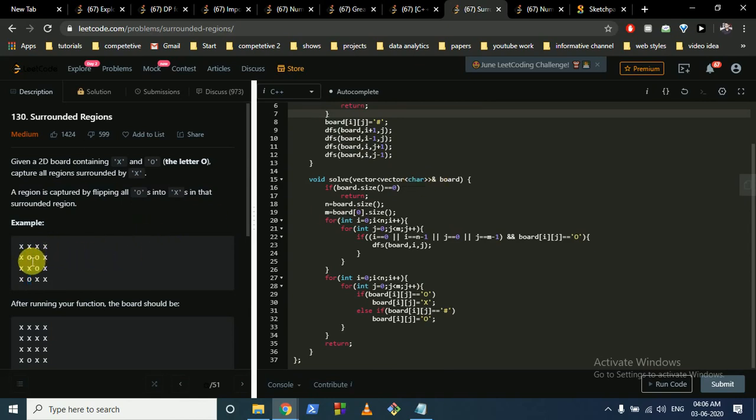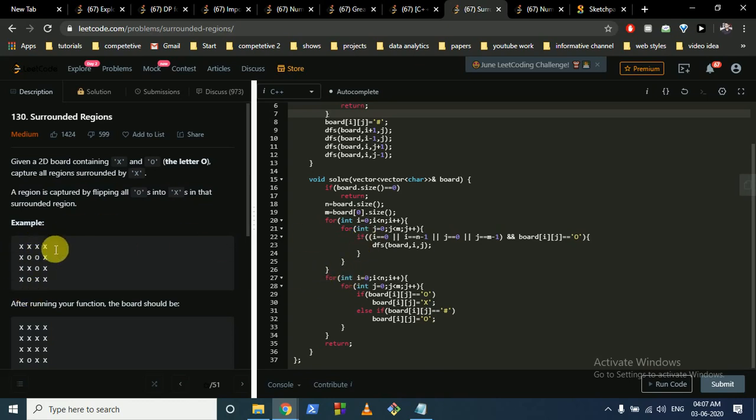Some other zeros which are totally inside the X's will remain 0, because when we run a DFS from the boundary, these zeros will not be reached by any of the DFS which we will run. Because these zeros are not on the boundary, they will remain 0 after all the DFS of the boundary points.